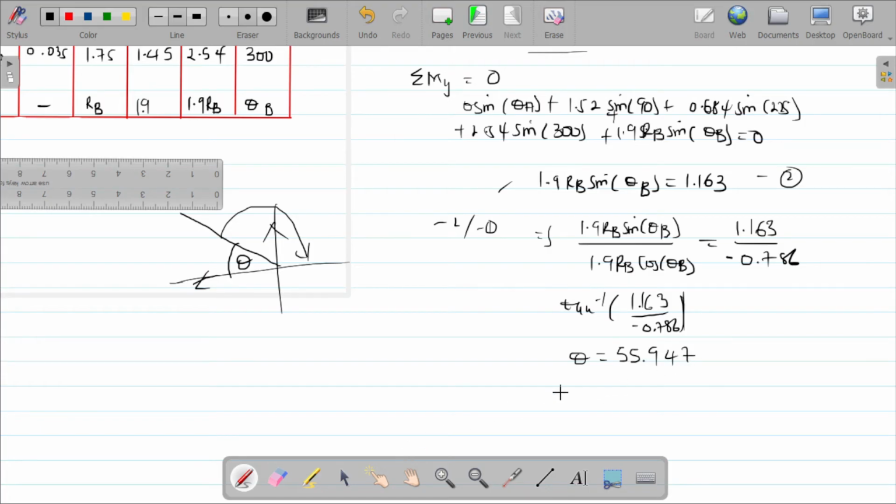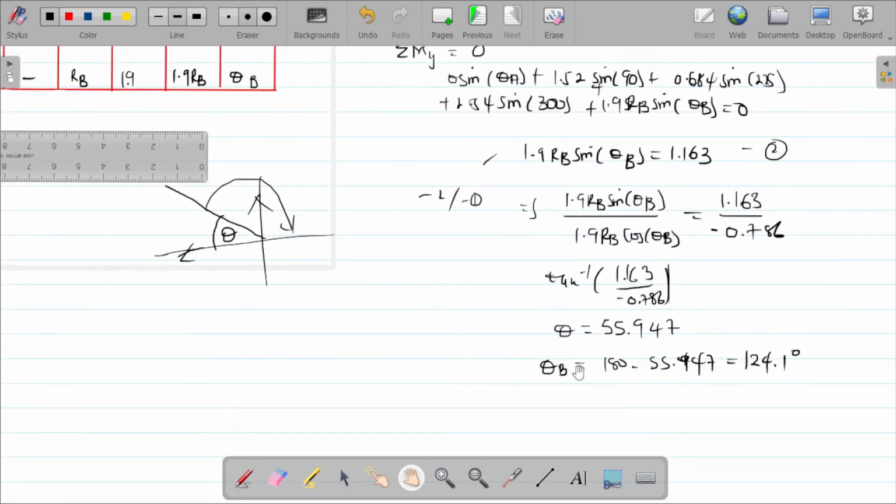All right, so theta B will be equal to 180 minus 55.947, and that gives us 124.1 degrees. All right, so now we know theta B.